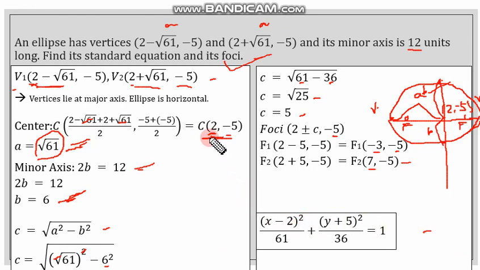So (x minus 2) squared over square root of 61 squared. Since there is a square root and a square, they cancel, leaving 61, plus (y plus 5) squared over b, which is 6, so 6 times 6, 36. Therefore, the standard equation of the ellipse is (x minus 2) squared over 61 plus (y plus 5) squared over 36 equals 1.